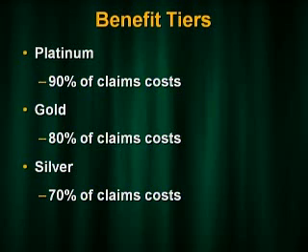All of the benefit tiers from bronze through platinum include those same essential benefits as defined by the benchmark plan. So each of them has exactly the same coverage in terms of services.